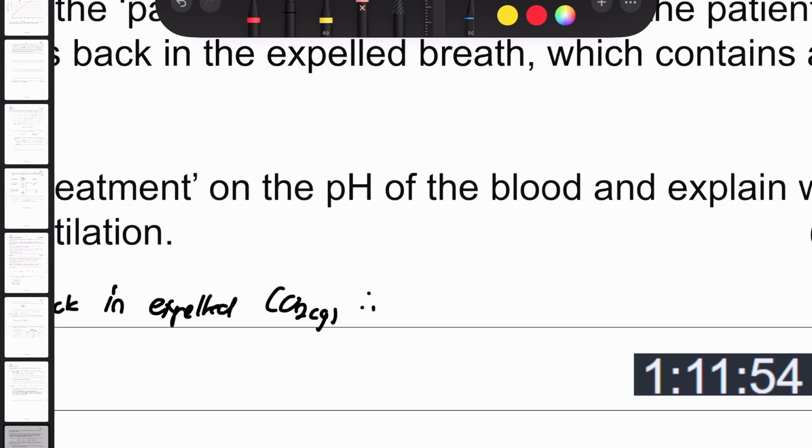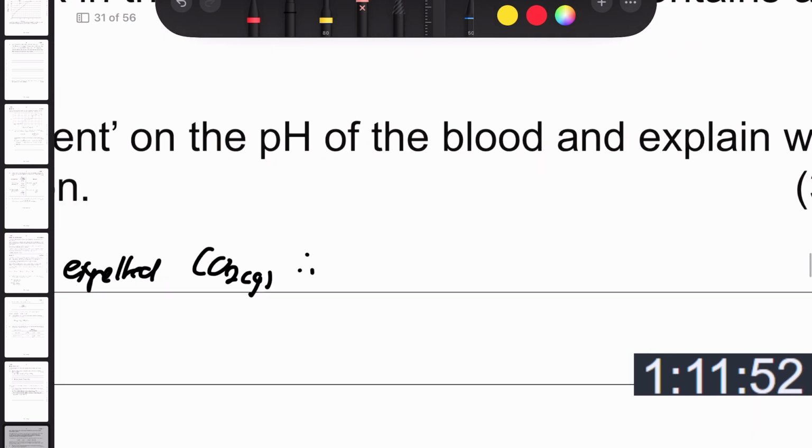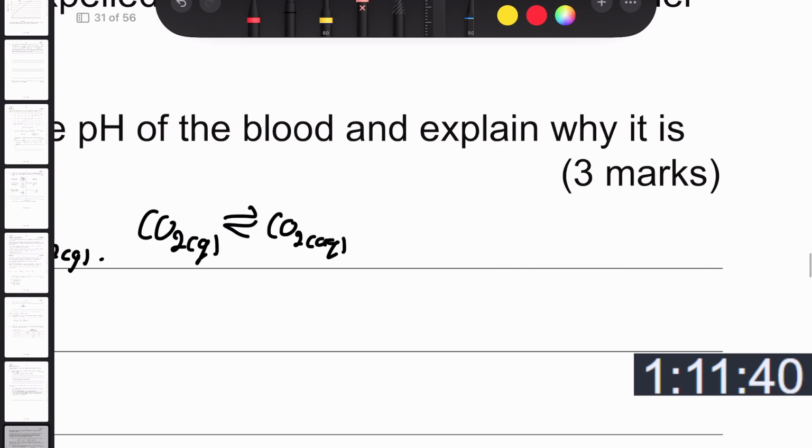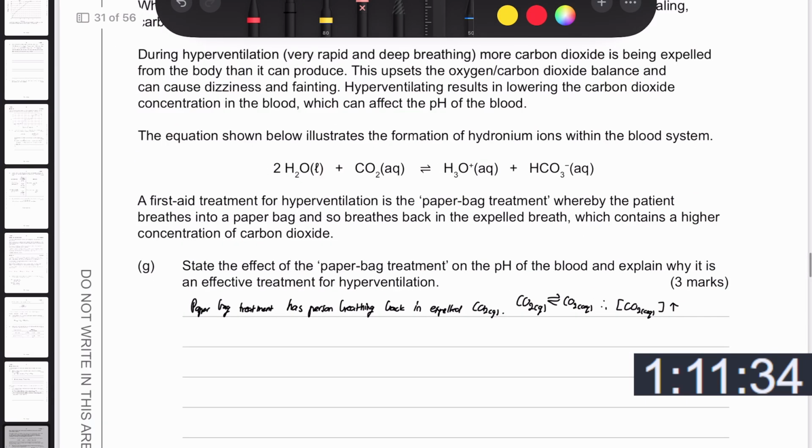Therefore, the CO2 gas will dissolve to aqueous. Therefore, the concentration of CO2 aqueous will increase. As that increases, then the pH of the blood.